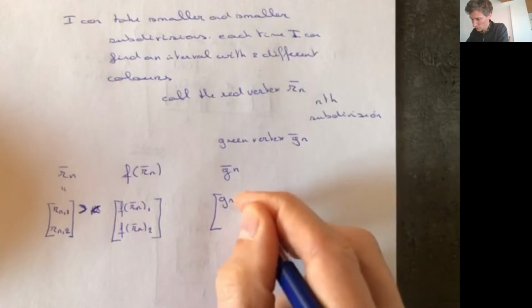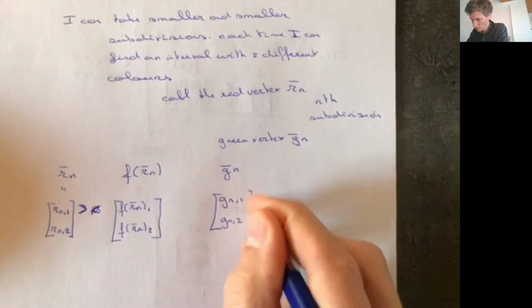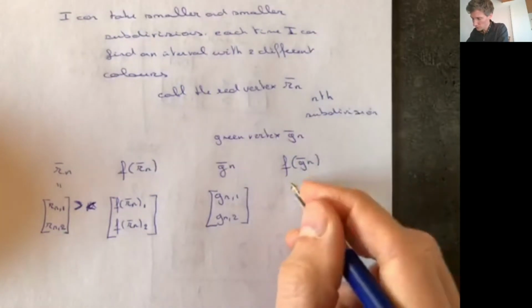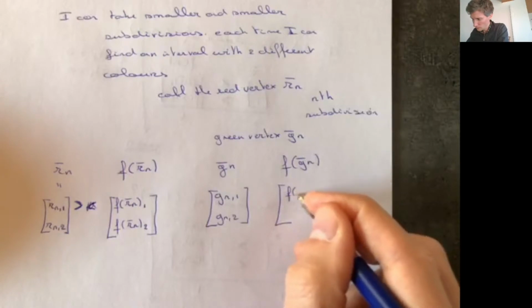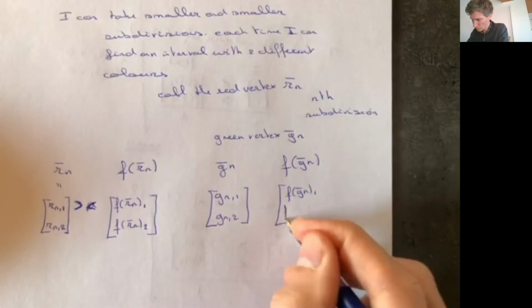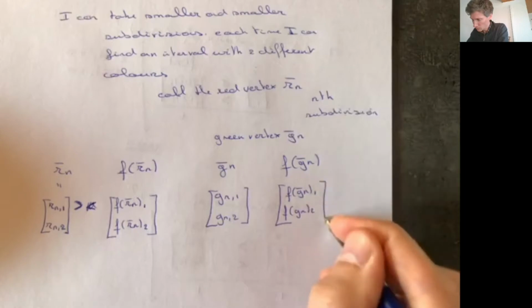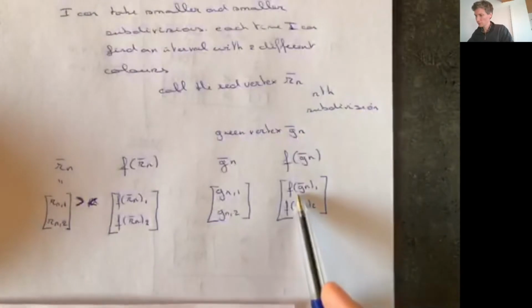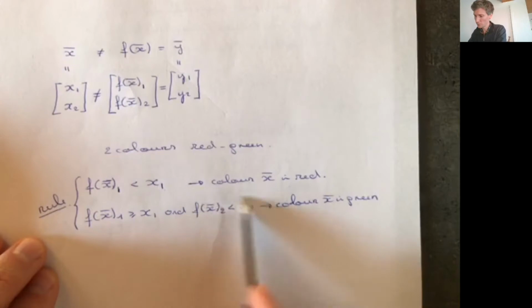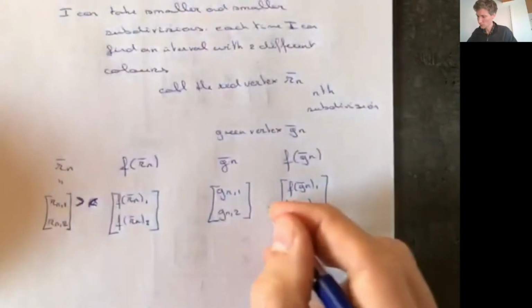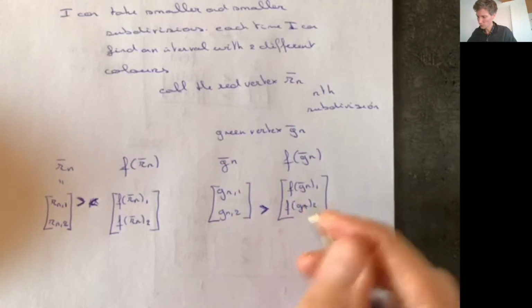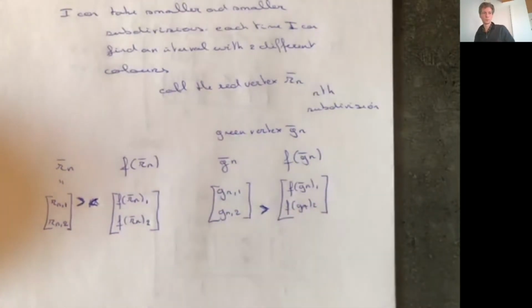So Gn1 and Gn2, I can look at the mapping f of Gn, f of Gn1 the first component, and f of Gn2 the second component. And now this vertex is green, so I know that f of x2 is smaller than x2, or in particular f of Gn2 is smaller than Gn2.